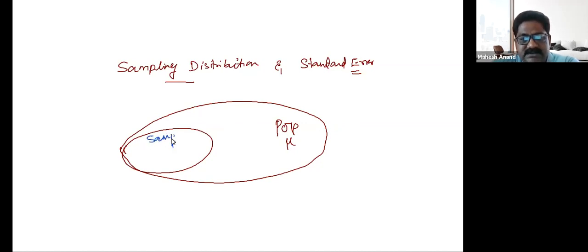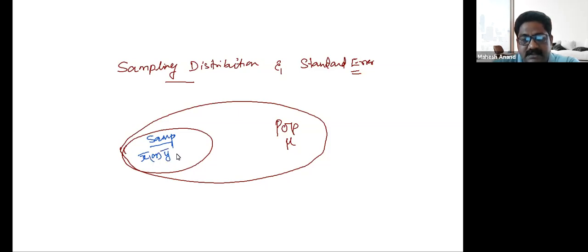So we should understand certain terminologies attached to samples and populations. The sample mean we generally represent as X bar. Some standard textbooks use Y bar also. Whether I use X bar or Y bar doesn't matter.